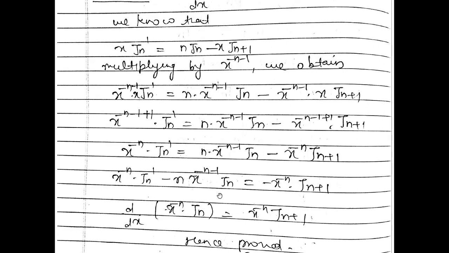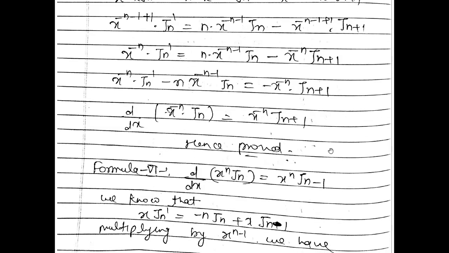Now we can see here d upon dx of x to the power minus n Jn. Why are we writing this one? Because this is the derivative of u into v. U is your x to the power minus n, so u as it is here, and the derivative of second v, so v is your Jn, so the derivative of Jn is Jn dash, minus the differentiation of u, so n x to the power minus n minus 1 into v, and this same as it is. We can write this step and this one, right?